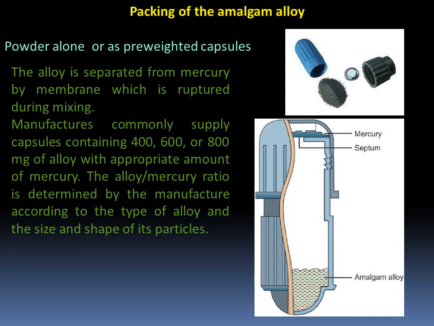This capsule has the adequate ratio between the powder and liquid of amalgam, and has a membrane between them that prevents the mixing of the powder and liquid until we use it in the amalgamator. Manufacturers commonly supply capsules containing 400, 600 or 800 milligrams of alloy with an appropriate amount of mercury. The alloy mercury ratio is determined by the manufacturer according to the type of alloy and the size and shape of its particles.